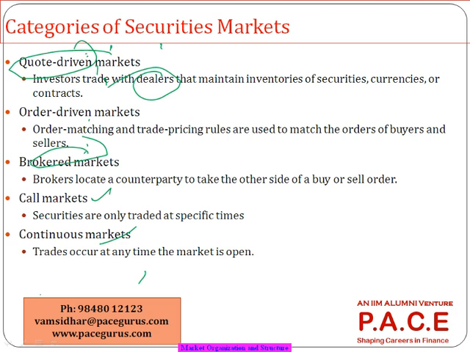The buying and selling does not happen throughout the day. When I say it's an auction, whenever the applications come, all of them are opened towards the end of the day. Those are what we are calling call markets. The trading happens only at specific points in time.